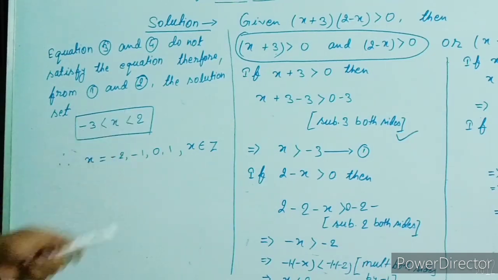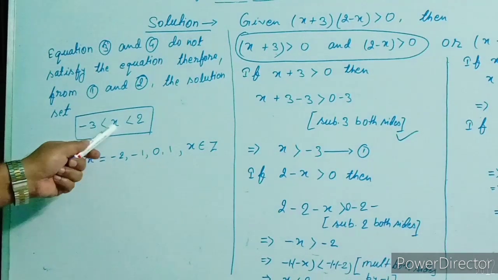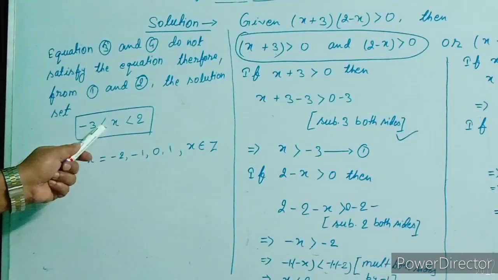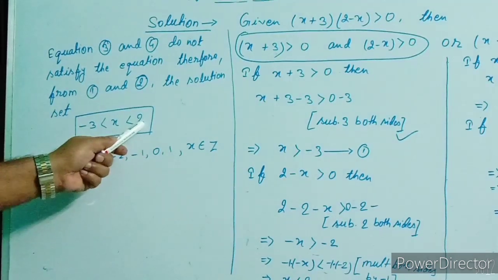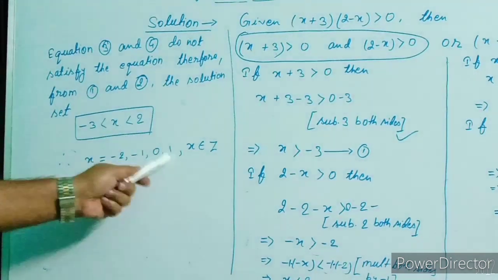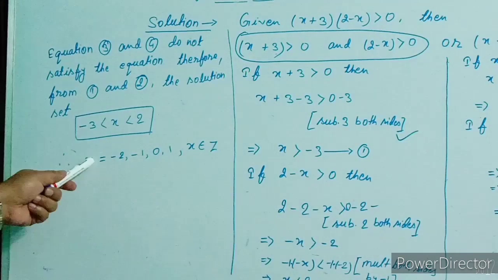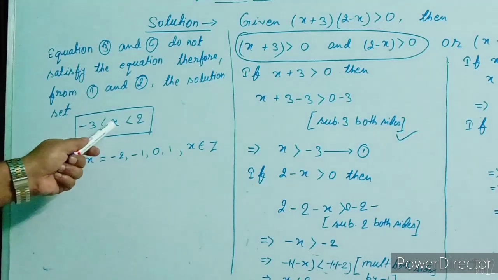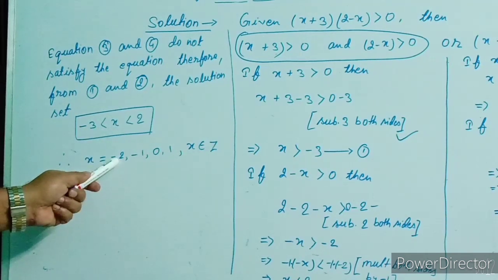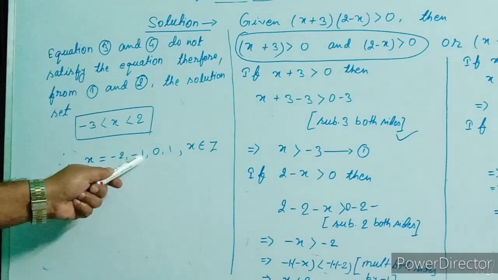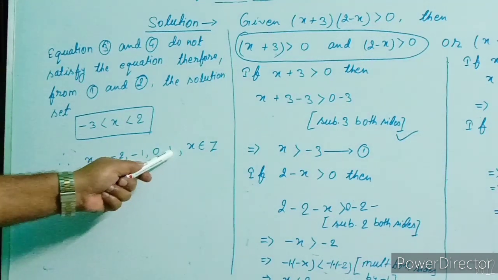This satisfies the equation, because as x is greater than minus 3, that will be minus 2, minus 1, 0, 1 and so on, and x will be smaller than 2. So till 1 you can take the value of x. We start with x greater than minus 3. So the first value will be minus 2, second will be minus 1, third 0, fourth 1.